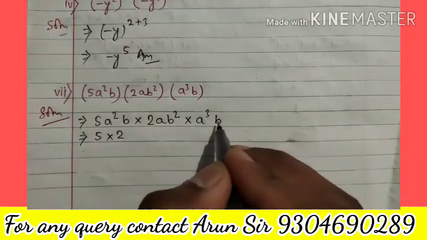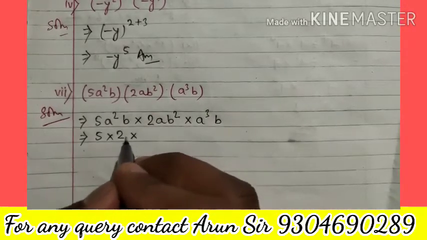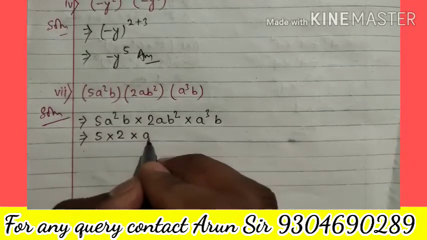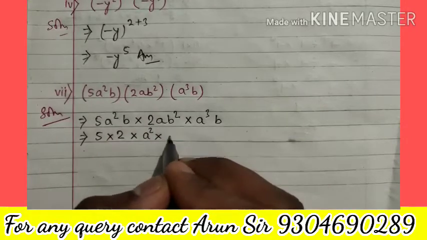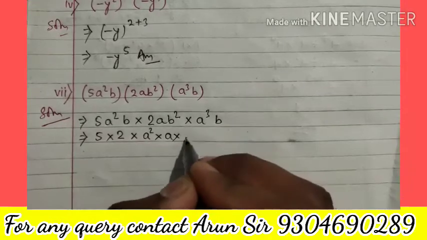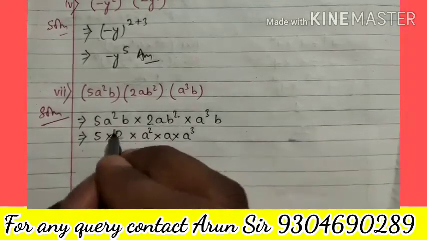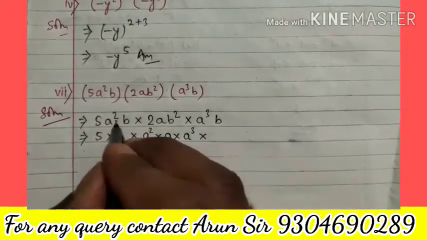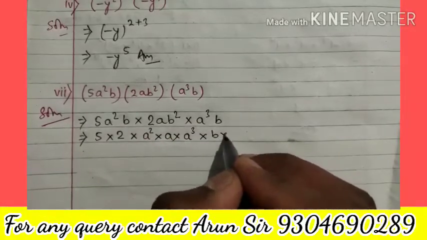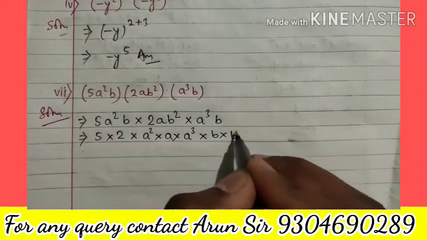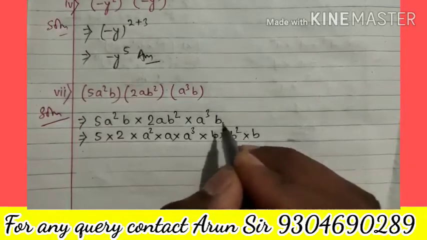Here no constant term is there. Now we will separate the a to the power 2 into this a into a to the power 3. Now we will separate b, here only b into b to the power 2 into b for this.